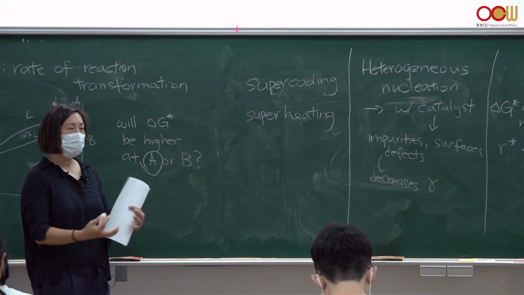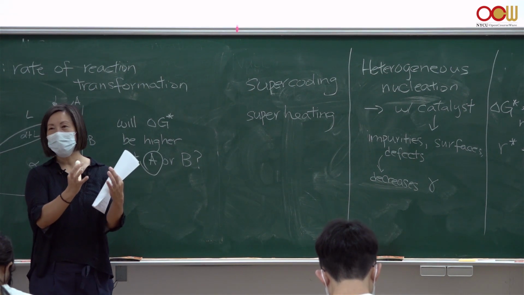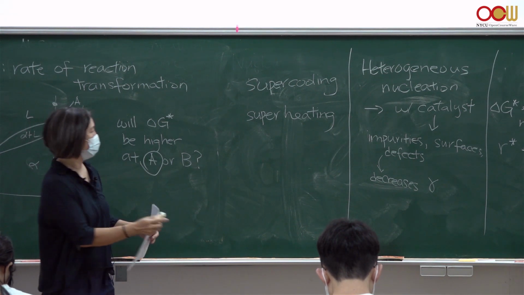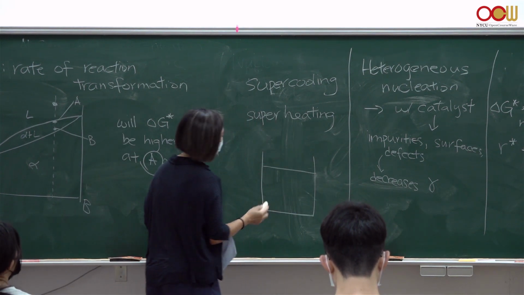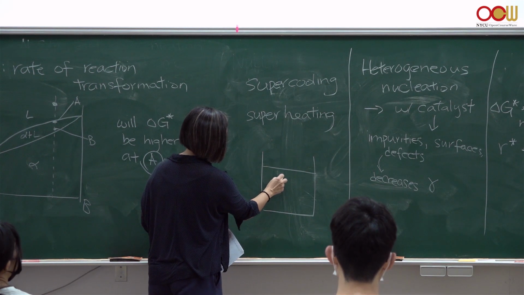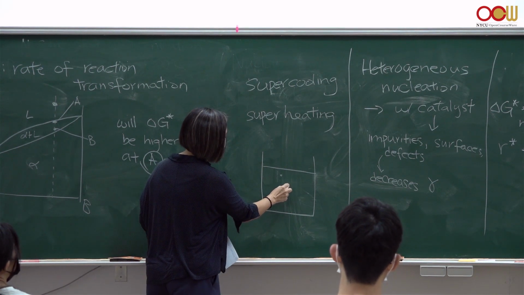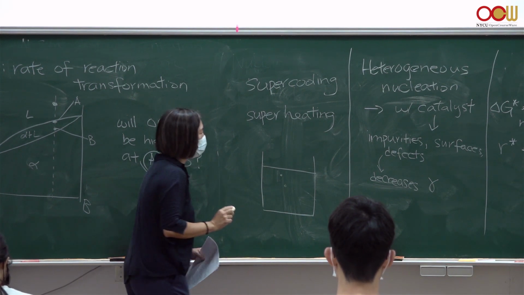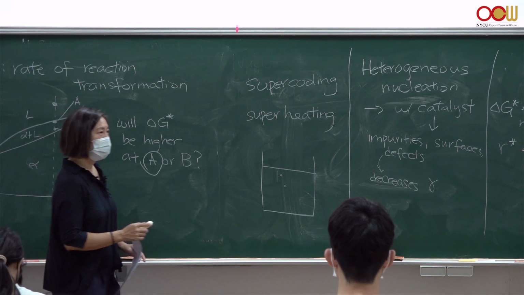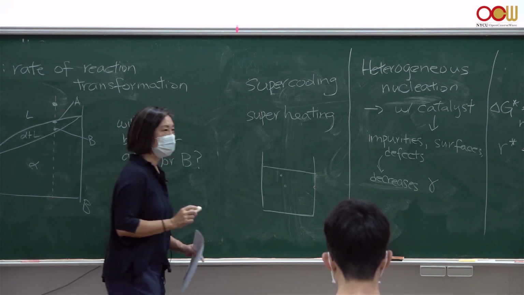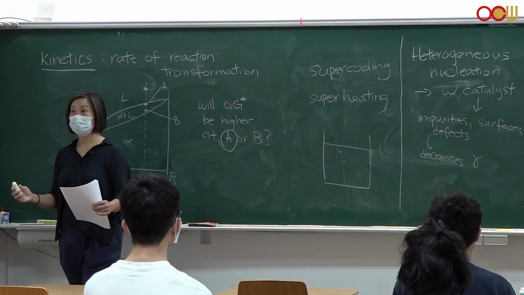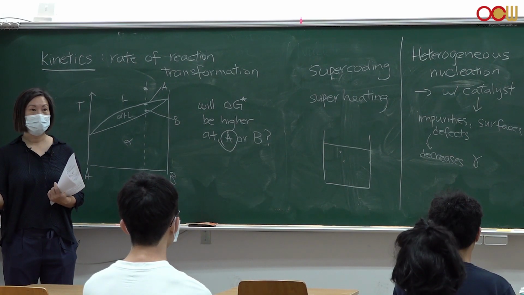So instead of forming a perfect nucleus within a vessel, so let's say you have water and you're trying to form ice, instead of having to form small, perfectly spherical ice particles, now you're forming an ice particle along the surface. So one, it reduces the amount of surface you have.